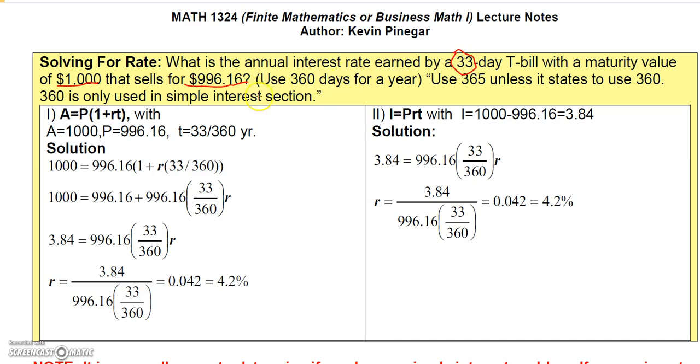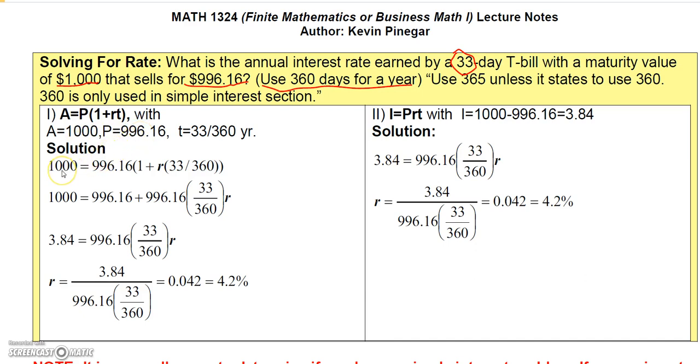Now remember, 33 days normally would be 33 out of 365, but this specifically says use 360 days for a year. So our time in this case is going to be T equals 33 over 360. Now we already told you that the amount was 1,000 and the principal is $996.16.